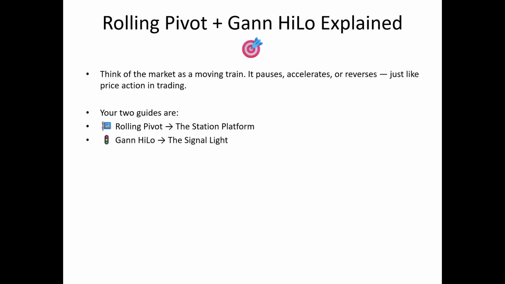And here is the safety tip. If you want to be safe, the train has to move above the track and the signal must be in your favor. Similarly, price must move above the rolling pivot and take the Gann Hilo signal before you confidently enter the trade.